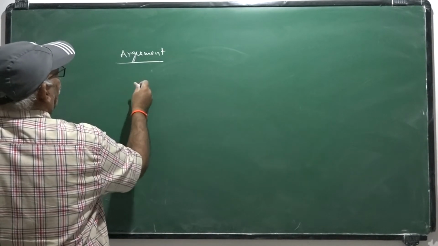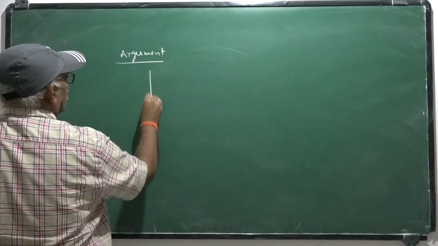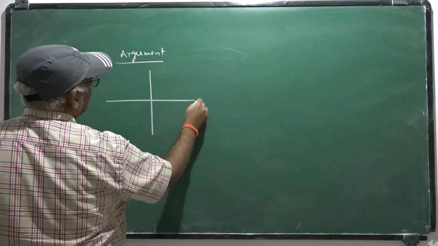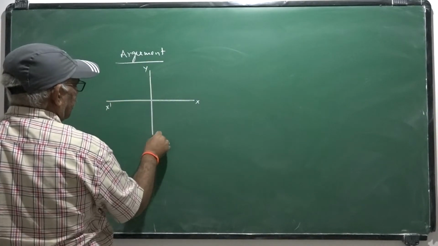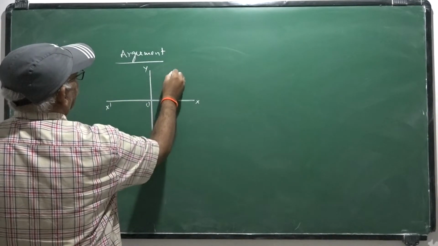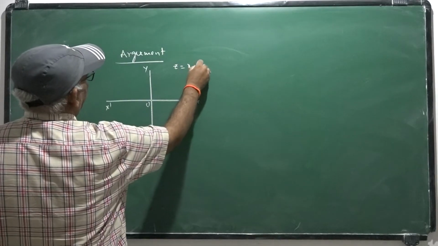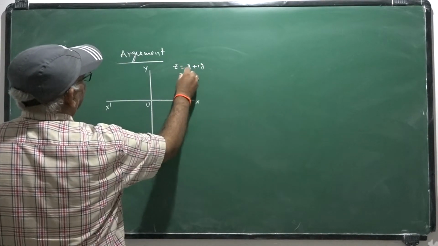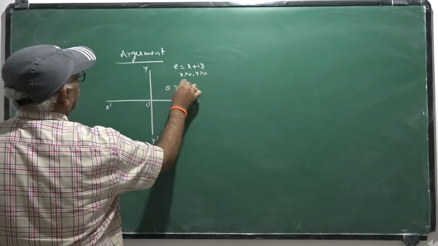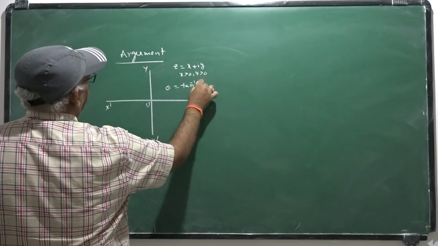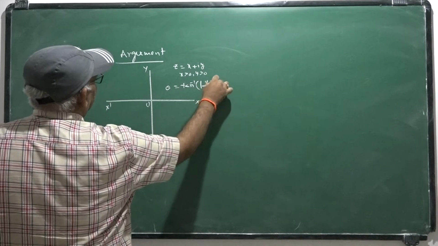Suppose I will take like this. In the first quadrant, that is x plus iy, x positive, y positive. Then theta equals tan inverse of mod y by x.